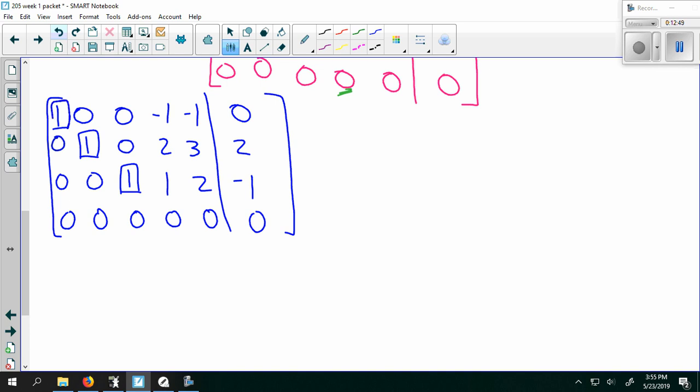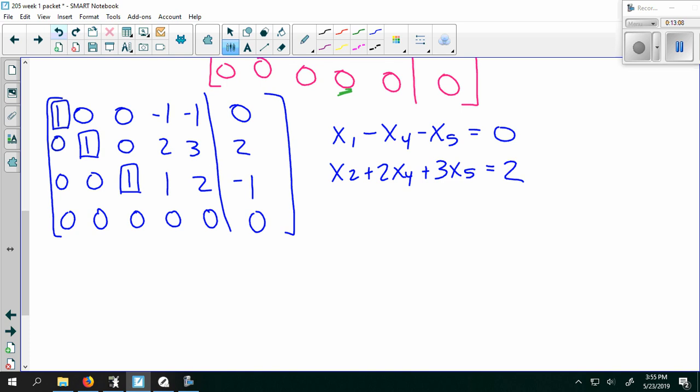I'm just highlighting my pivots because those are my basic variables. So this says x1 minus x4 minus x5 is 0. x2 plus 2x4 plus 3x5 is 2. And x3 plus x4 plus 2x5 is -1.